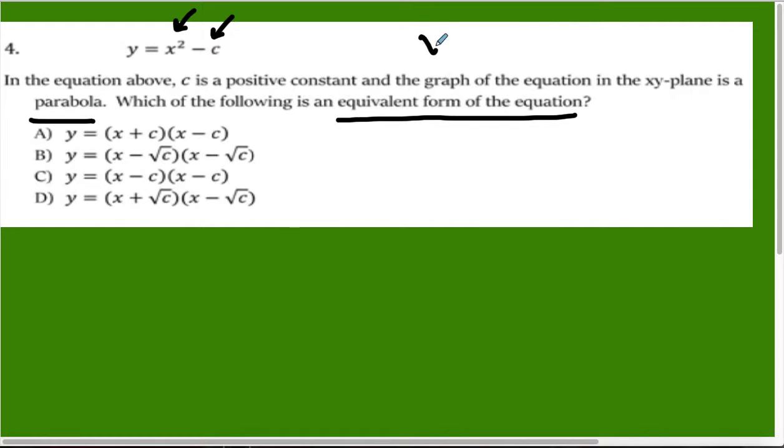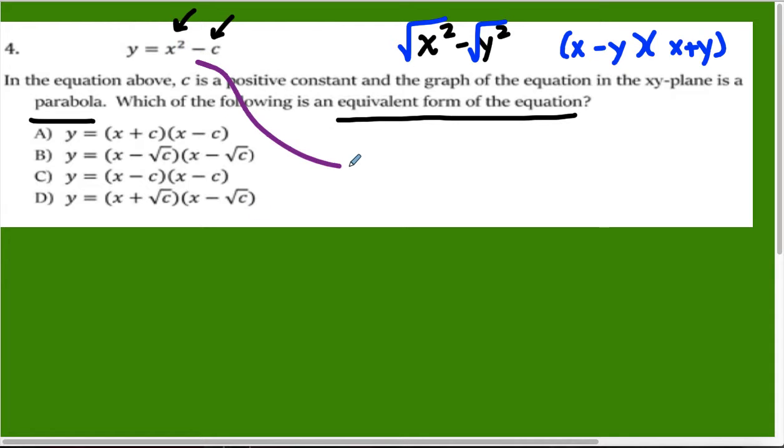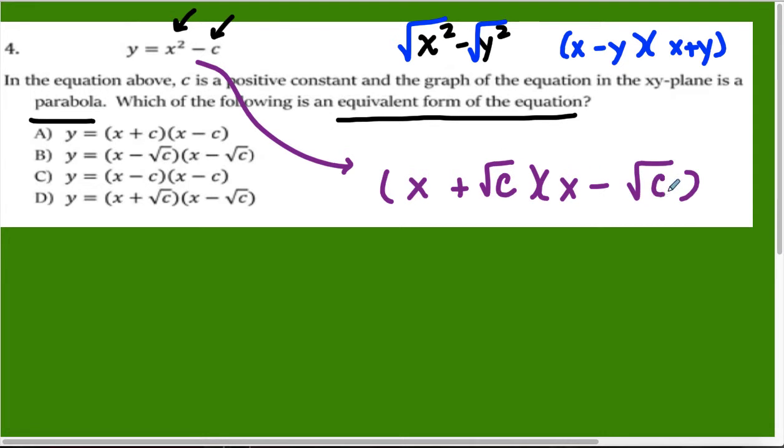So remember, if we use the factor pattern, I said earlier that when you factor it, just think of it as the square root of each of the terms. So x minus y, x plus y. If you think about it that way, then this can be factored into x plus the square root of c, x minus the square root of c.